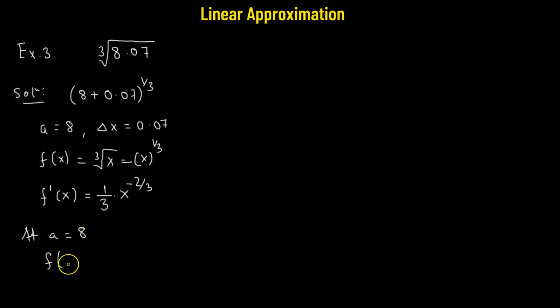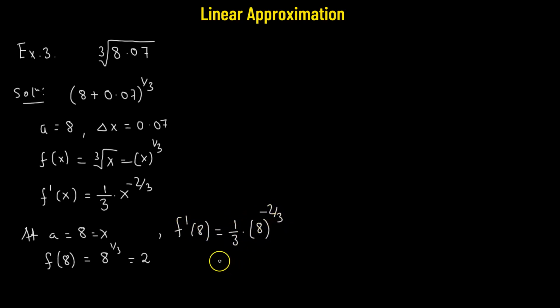So f of 8 will be equal to 8 raised to the power of 1/3, that is the cube root of 8. This will be 2. And f prime of 8 will be equal to 1/3 of 8 raised to the power of negative 2/3.